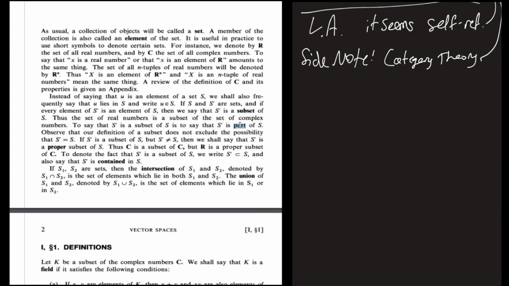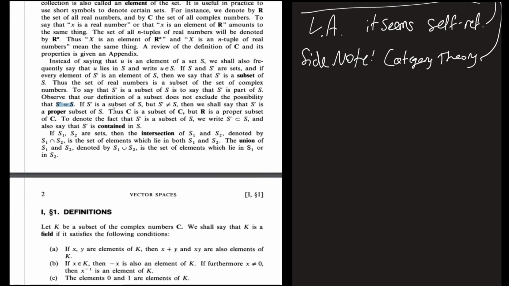Because someone might say, oh, if it's a part, then it's less than, but not necessarily, because a subset of a set could be the set itself. Okay, but the convention is that it's a proper subset. We add that adjective in front to specify that it's not the set itself. Okay, so subsets will strictly mean smaller if it's a proper subset. Okay.